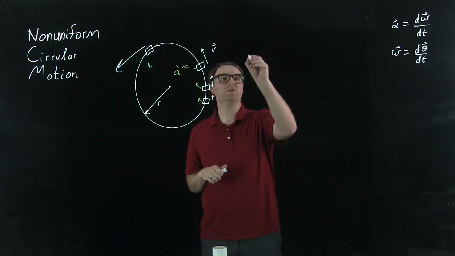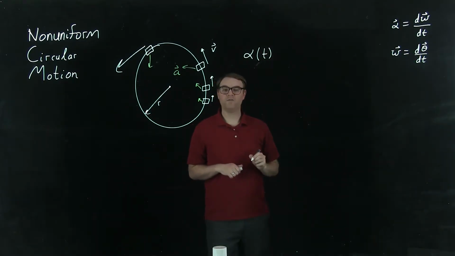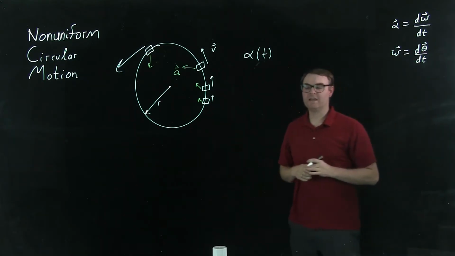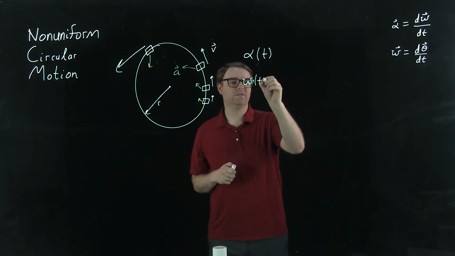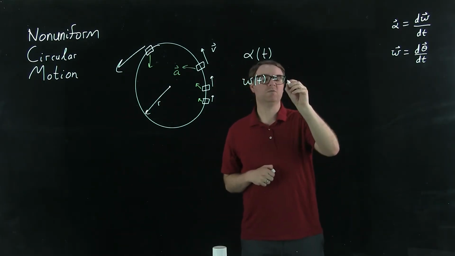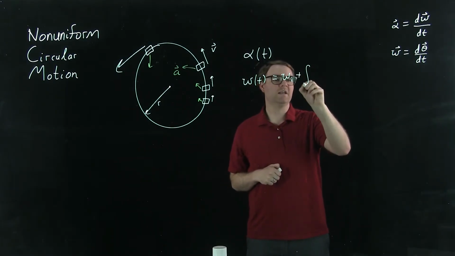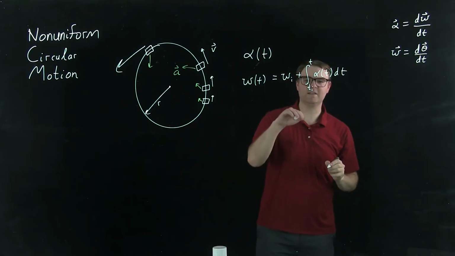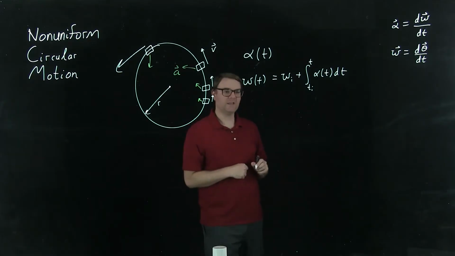In general, what I'll usually start with is that I might know the angular acceleration alpha as a function of time, which I could then integrate using an expression like this one to get omega as a function of time, which is equal to some initial omega plus the integral from t initial to t of alpha of t dt. Again, this is exactly what we did when we were working with non-uniform translational motion.